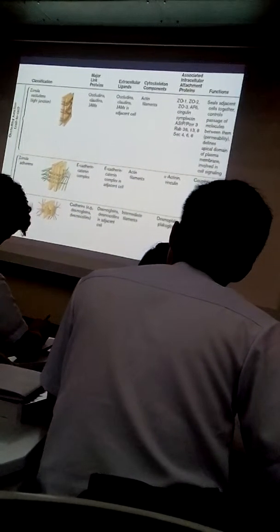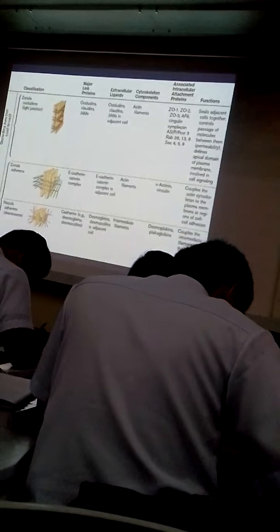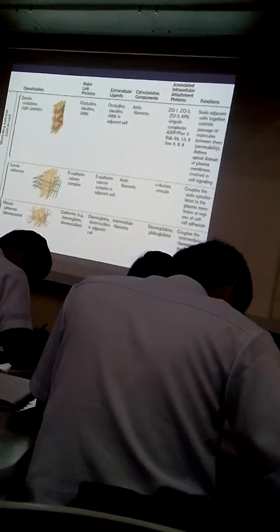And with regards to major link proteins, just the important ones with clinical or significant functions, regarding clinical cases or possible examples I will be citing. And then, of course, you would have to know whether they're in the lateral or the basal domains.